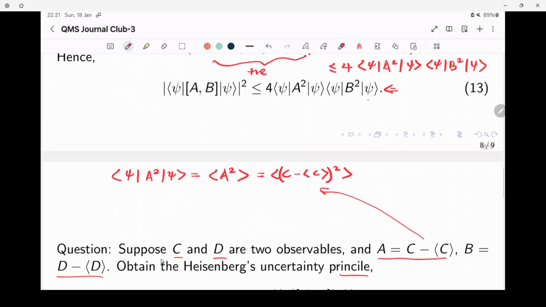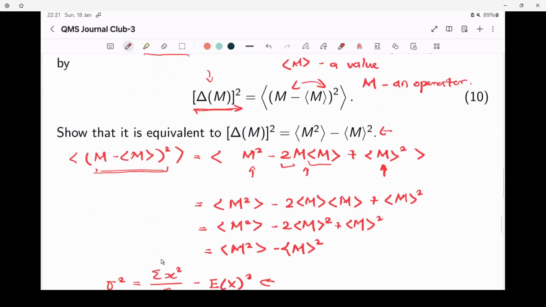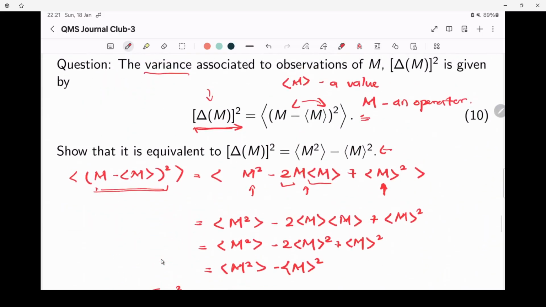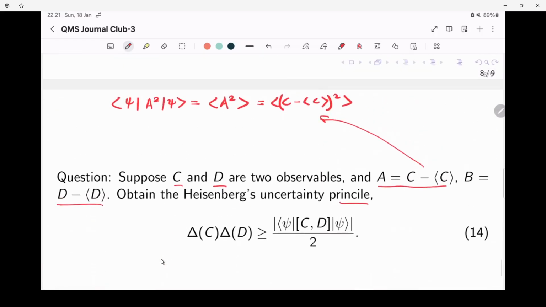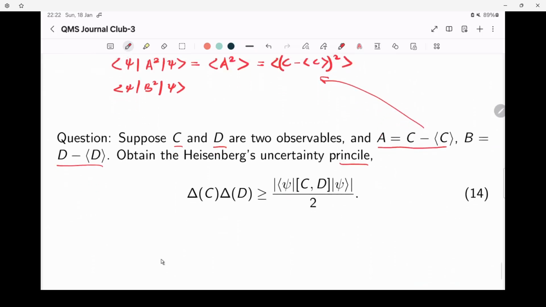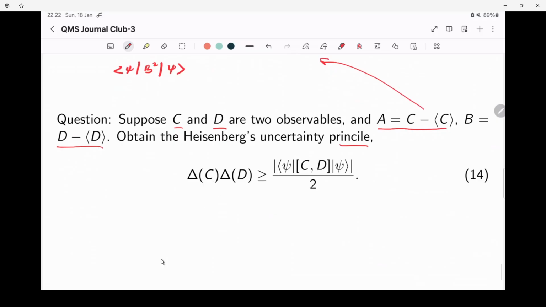And this is the identity that we tried to prove just now, equation 10. So you should be able to do it for A and B in such a way that eventually you get something like 4 times the variance of C multiplied with the variance of D. So that is over here.